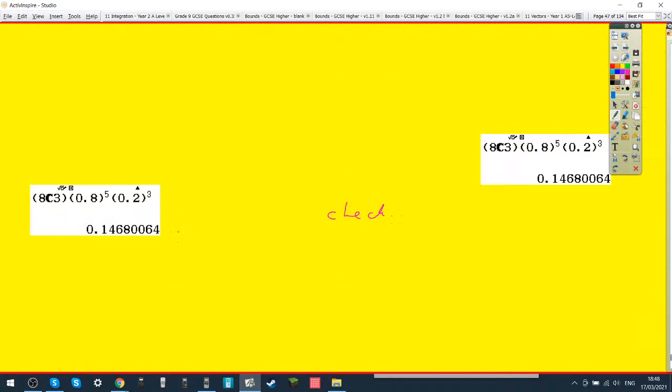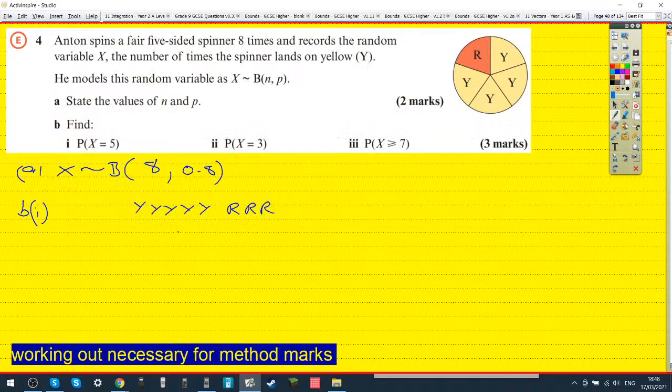So we want yellow 5 times, red 3 times. Why do we want that? Because they asked for probability of getting 5 yellows. If they spin it 8 times, for it to have 5 yellows, it must have 3 reds, because now they're not stopping. The second one would be 3 yellows and 5 reds.